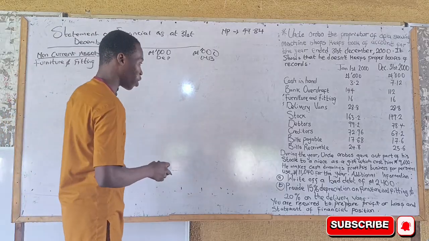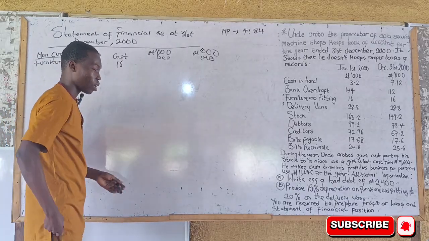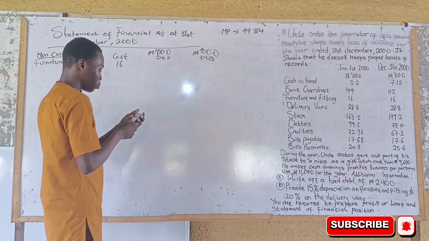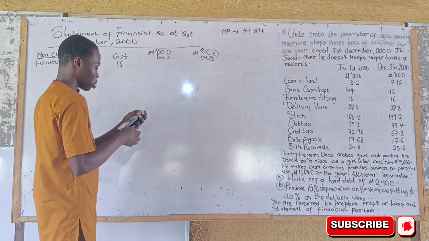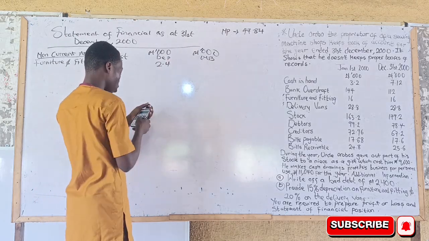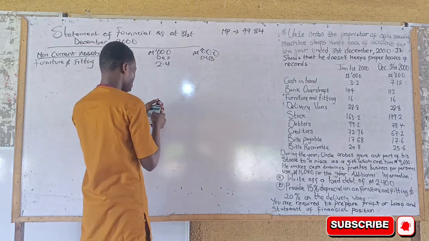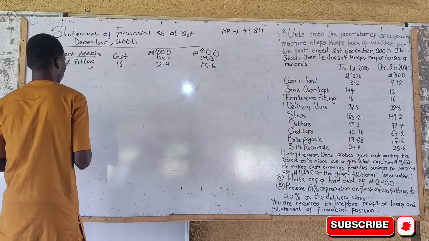So the cost for the furniture and fittings is 16 naira. And we have to depreciate it, which is 15%. The 15% is 2.4, and the difference is 13.6.